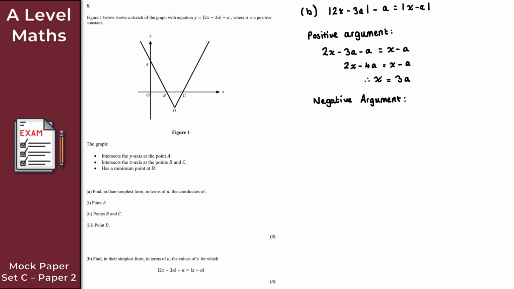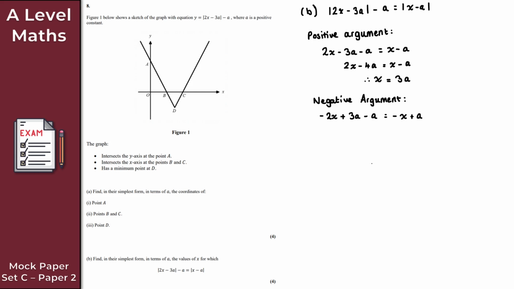So I get minus 2x plus 3a and minus x plus a, okay? So let's just write that down. I get minus 2x plus 3a. Don't forget the minus a as well here. Very easy to forget. Is equal to minus x plus a.